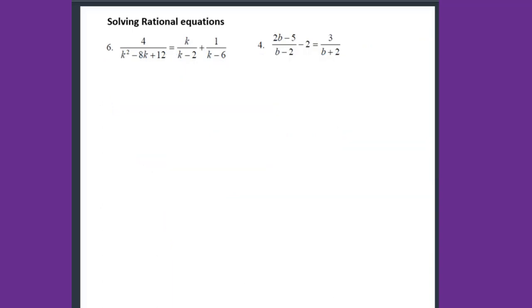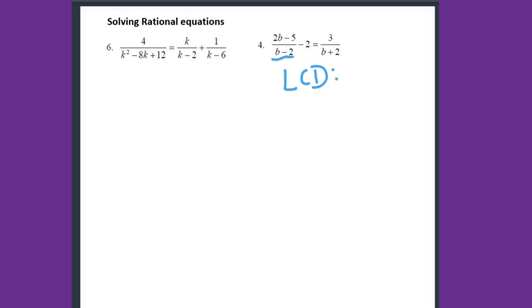Let's do another example, number 4. Same thing as number 6: you need to factor the denominator. But for this question, it's already factored, with nothing to be factored. Therefore, we will find the LCD.